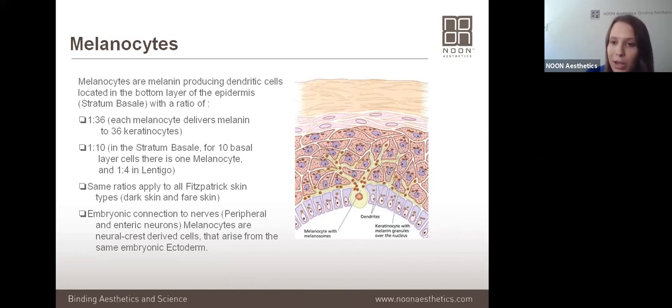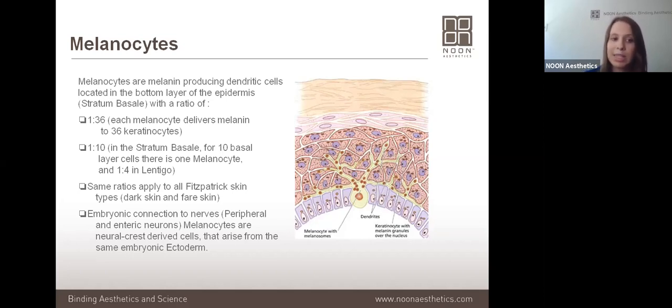At the bottom of this picture, we can really see the basal layer, which is the lower layer of the epidermis, the base one, and in the middle, the melanocyte, which delivers the melanin, the pigment, to all of the keratinocytes.